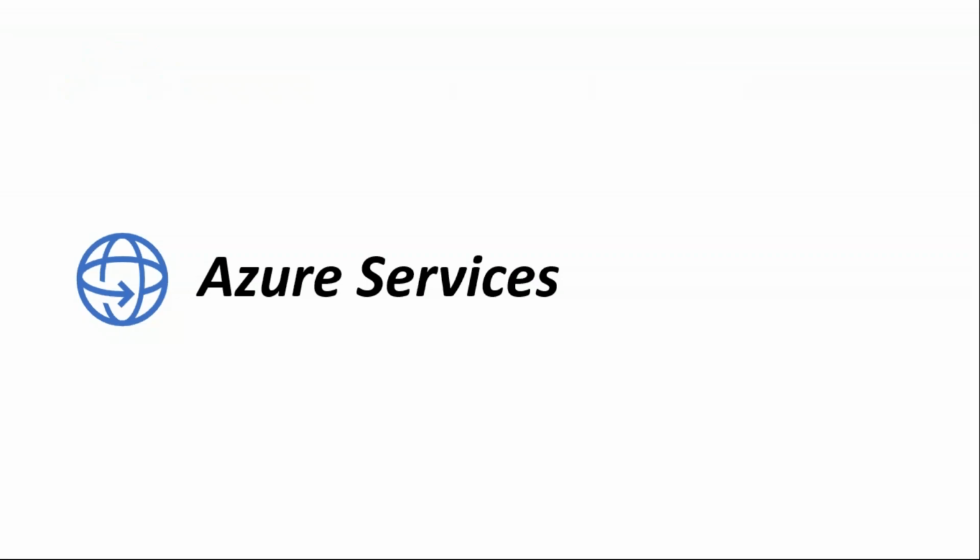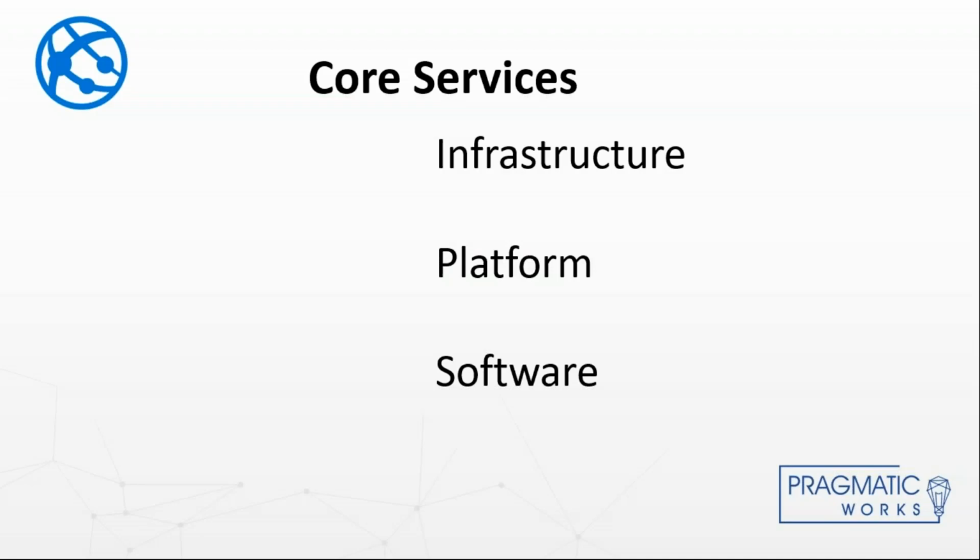So now that we understand the architecture that Microsoft has built, let's look at some of the things that we can build with it, the Azure services. So the core services that the cloud can provide are divided into 3 categories: infrastructure as a service, platform as a service, and software as a service.